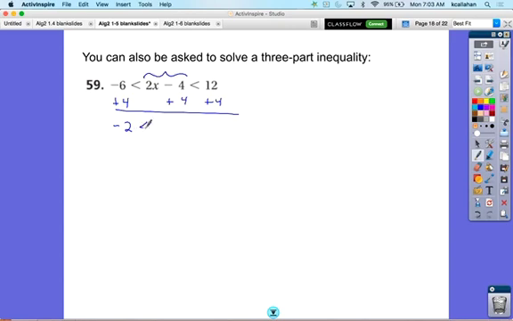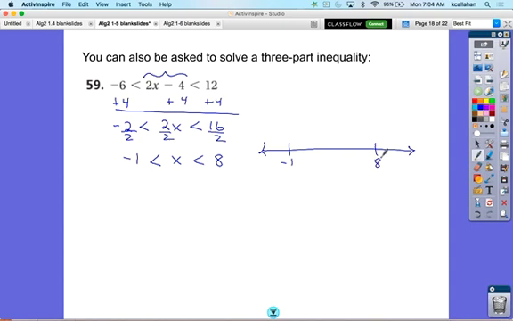Negative 2 is less than 2x is less than 16. Divide by 2. Divide by 2. Divide by 2. Right? Negative 1 is less than x is less than 8. Now, if I graph that, negative 1 will go on the left, 8 will go on the right.